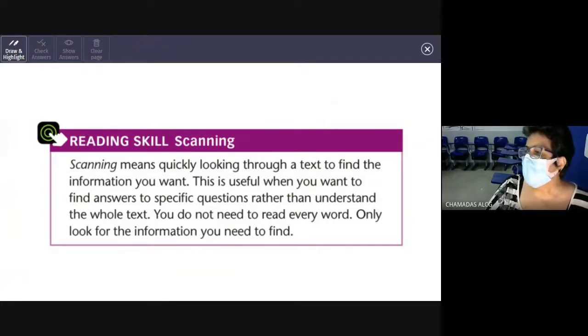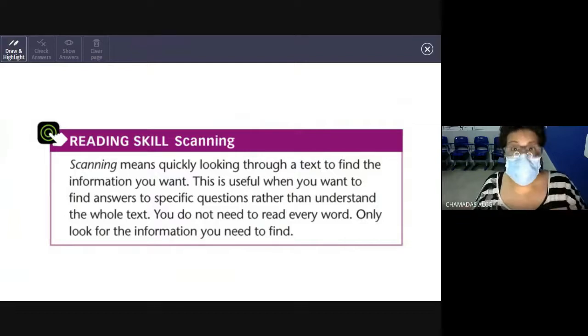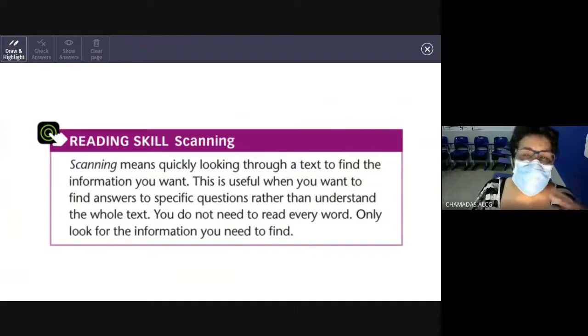Perfect. So when we scan, it's like we take a picture of the text. We take a look, okay? It's not something deep. We don't see details, all right? But we take a superficial look. So we just look to find information that we want. Okay? Like it says here, look. Scanning means quickly looking through a text to find the information you want.